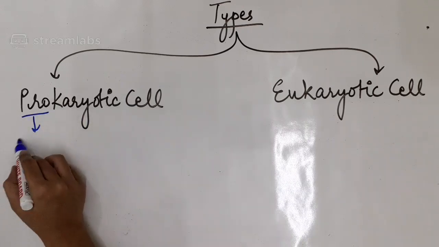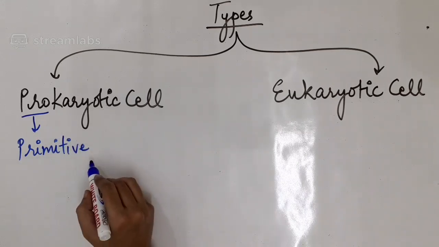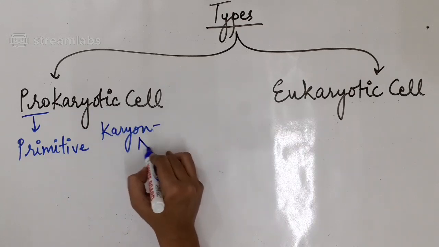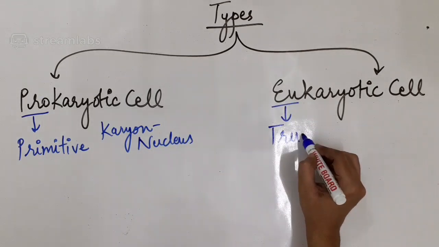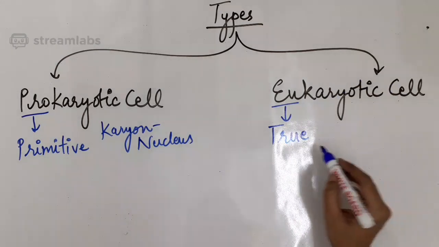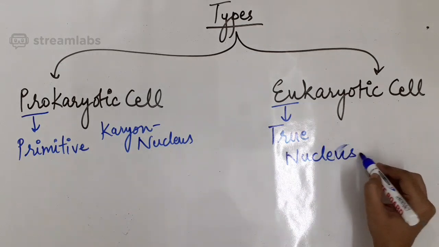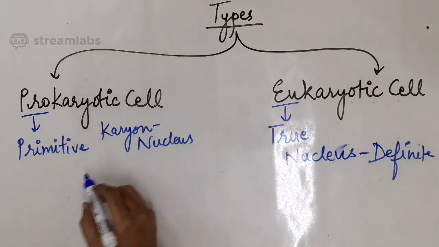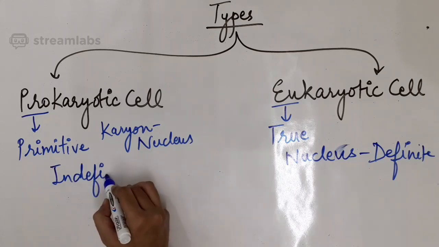Pro means primitive, primitive means first, and karyon means nucleus. Eu means true and karyon means nucleus. In the eukaryotic cell, the nucleus is definite, and in the prokaryotic cell we have an indefinite nucleus.